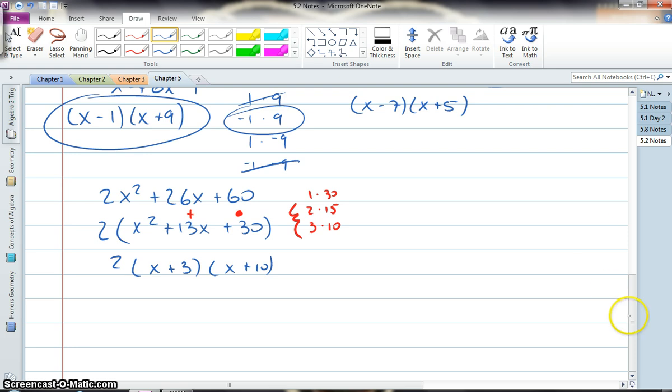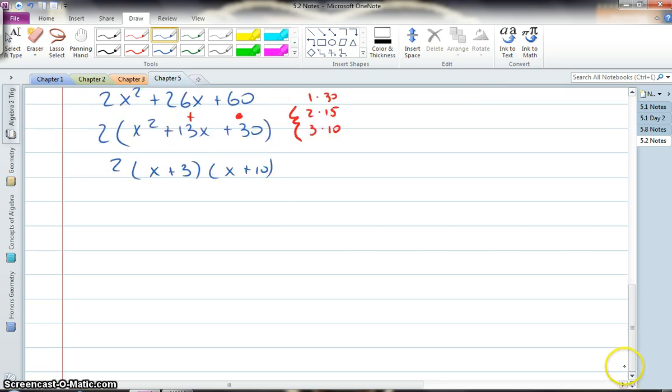What if I gave you one that said factor and solve? Now, how do we tell the difference? Well, in the factor and solve problems, I make it equal 0. That's it. So factor it the exact same way. However, there's an extra step that's going to need to be done at the end.